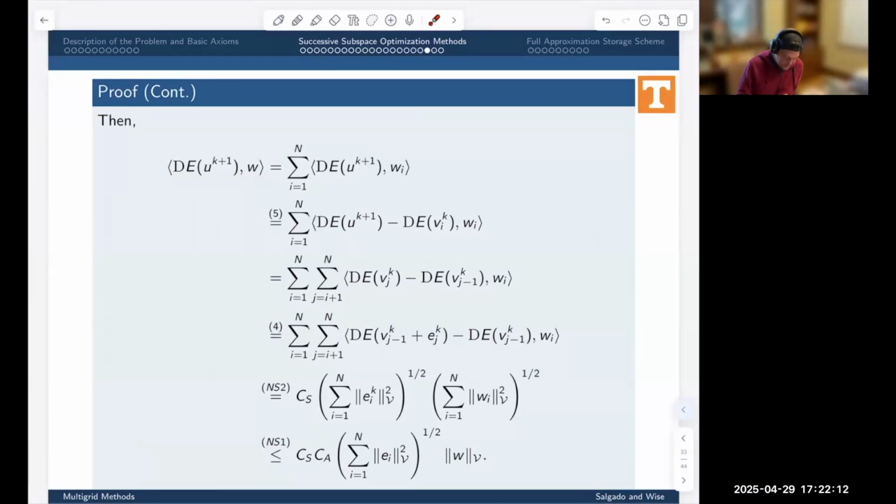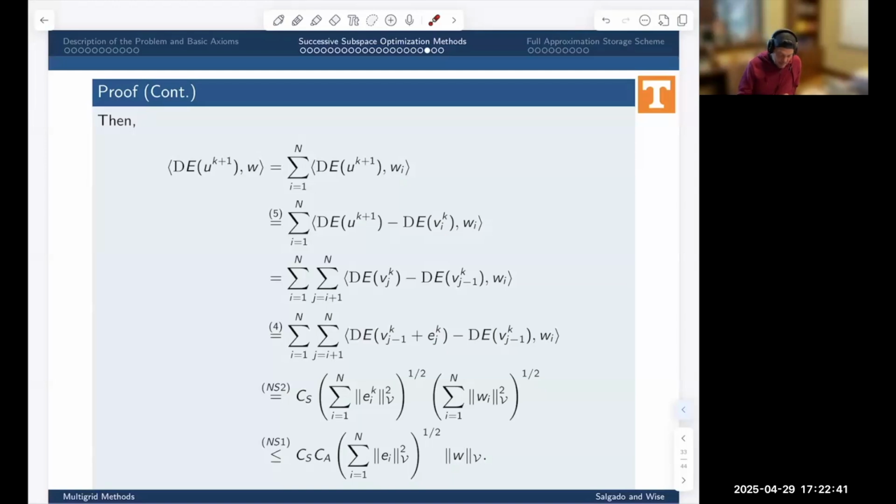So the first thing, this is due to breaking this up into my subspace decomposition: W equals the sum of the W_i's. Next, I'm going to put this term in there. That's equal to 0. That's the fundamental Galerkin orthogonality. That term is 0 when I test it against any one of these functions from the space V_i.